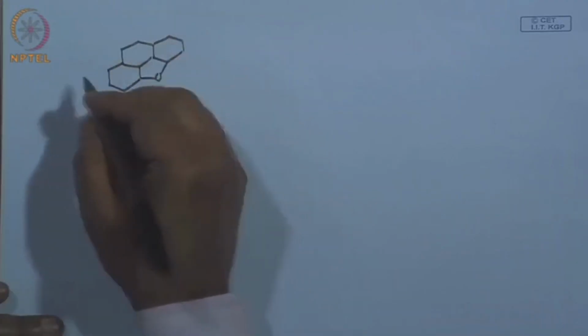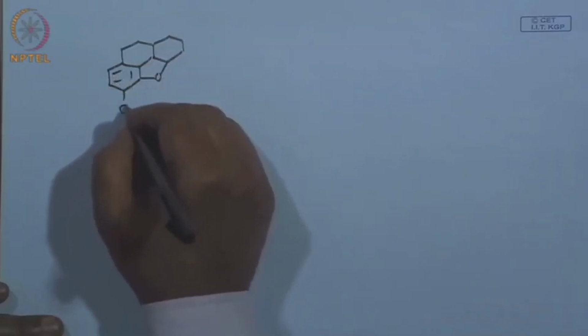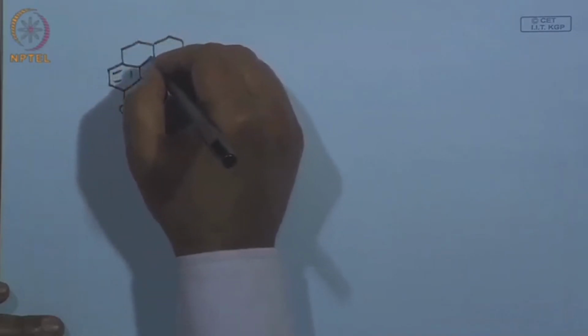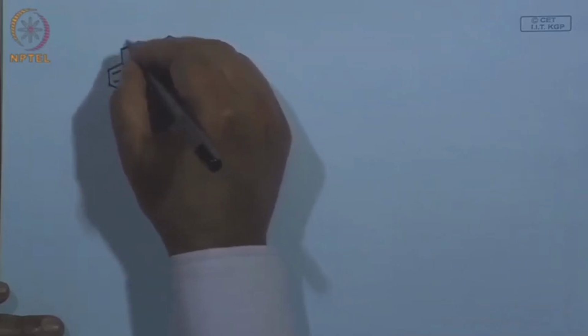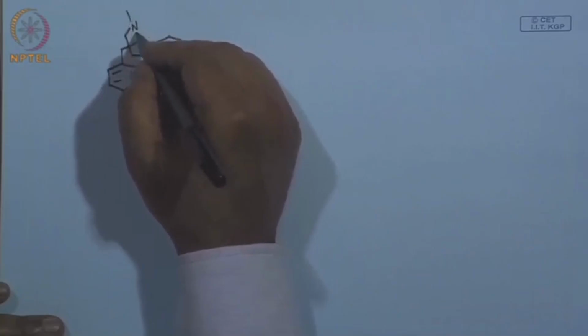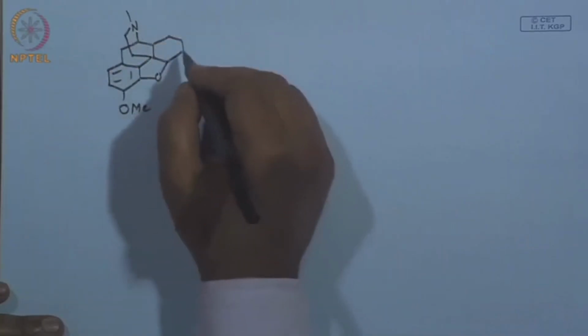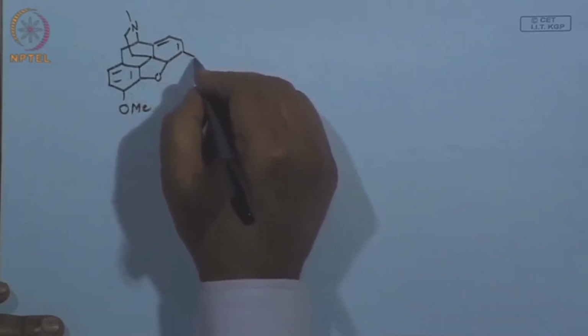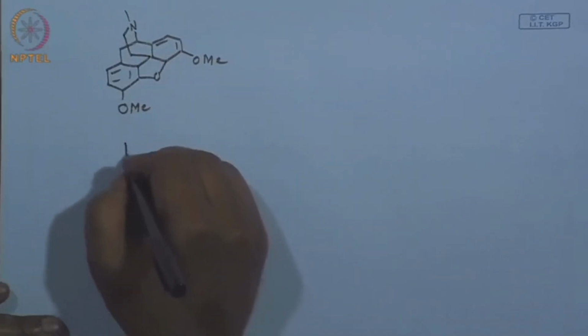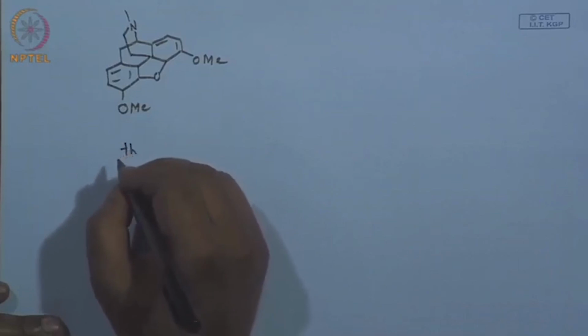You know morphine is basically a phenanthrene system, and you have a furan ring, then an aromatic ring system here, methoxy, and then 2 carbon, and this, and you ought to know this name. This is a very famous name in morphine chemistry.